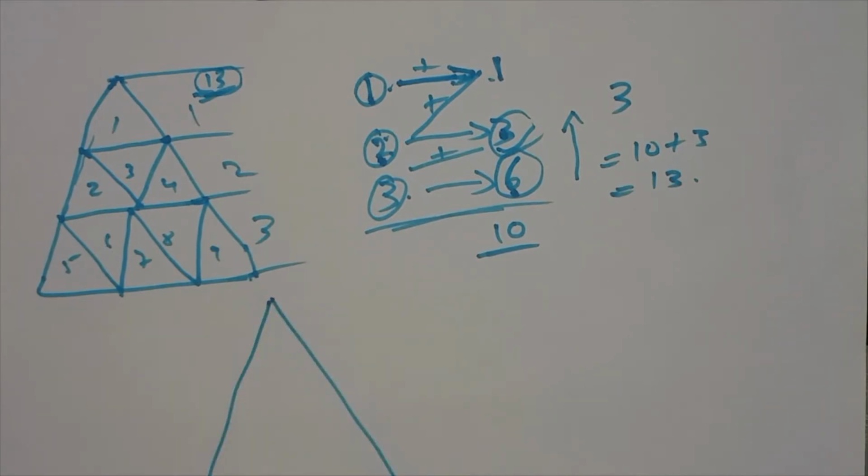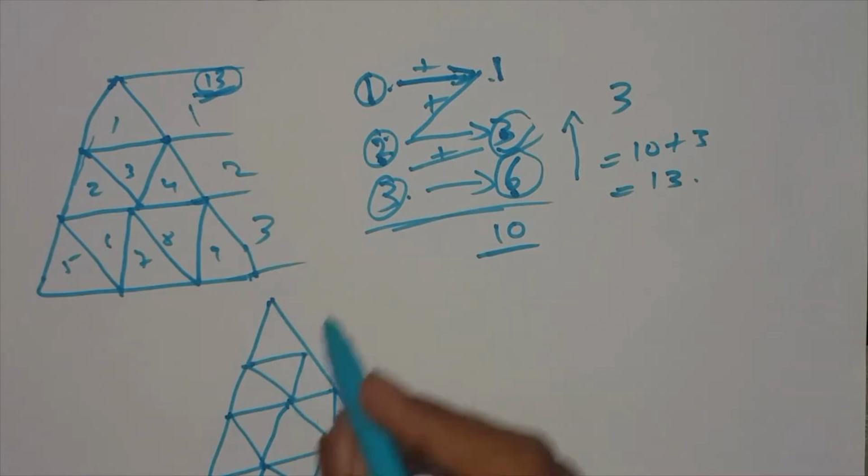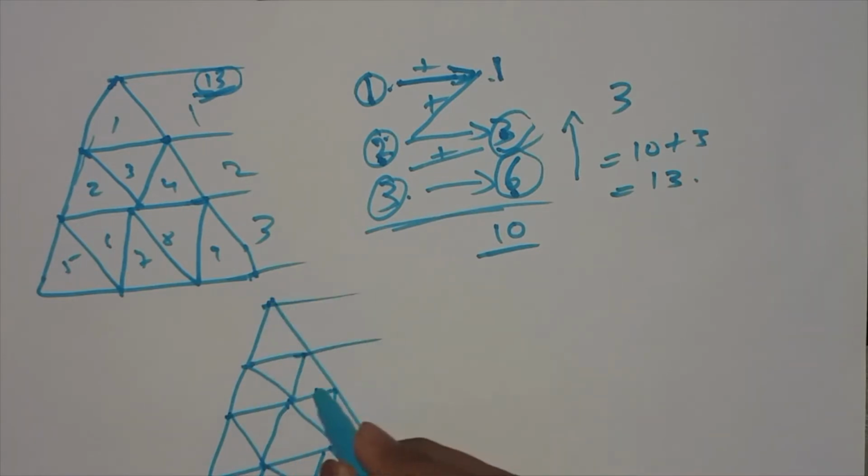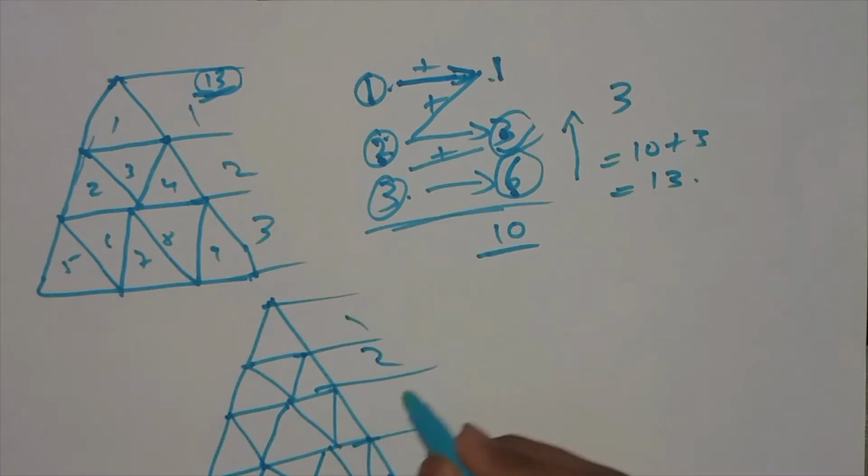So this is a given triangle. It has three divisions only, but so many triangles like this. So 1, 2, 3, 4. So there are four divisions.